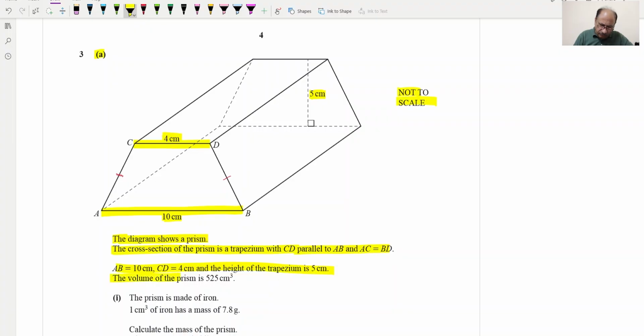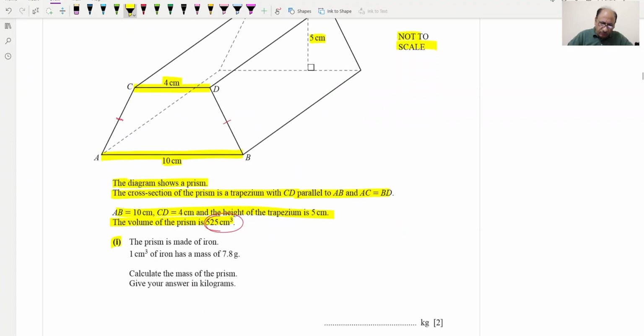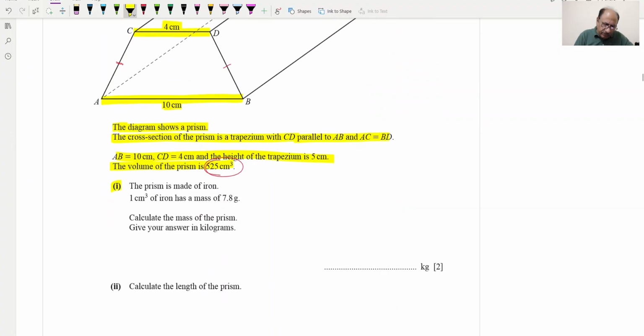The volume of the prism is given as 525 centimeter cube. The prism is made of iron. 1 centimeter cube of iron has a mass of 7.8 grams. Calculate the mass of the prism, giving your answer in kilograms.